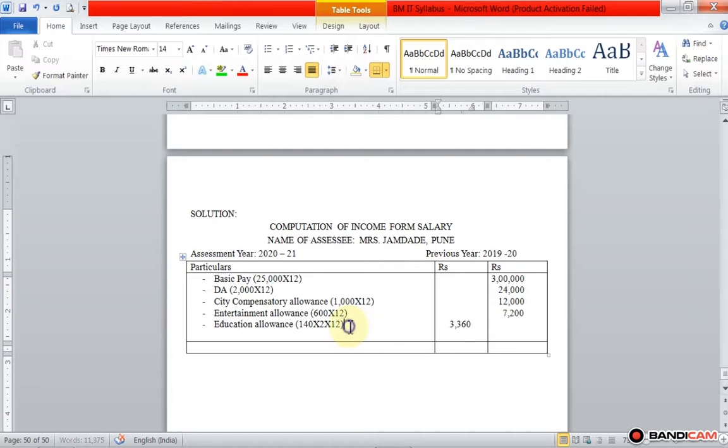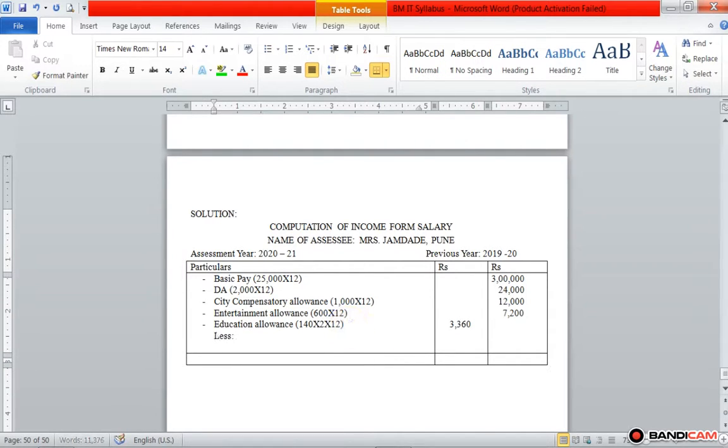Then we get a deduction or exemption. Less exemption: the exemption for education allowance is 100 per month per child, maximum two children.